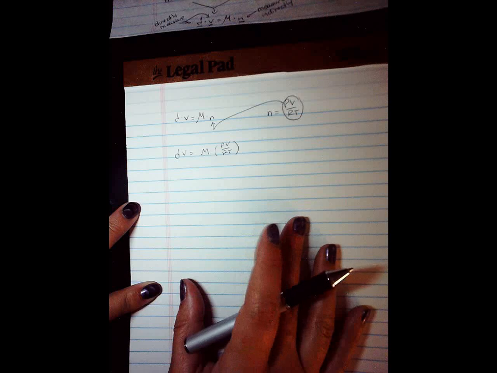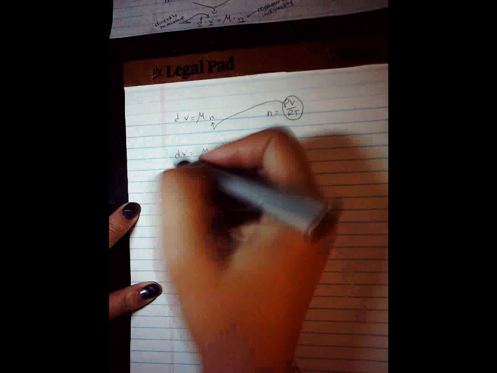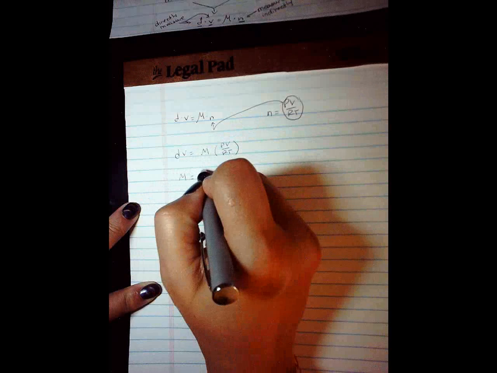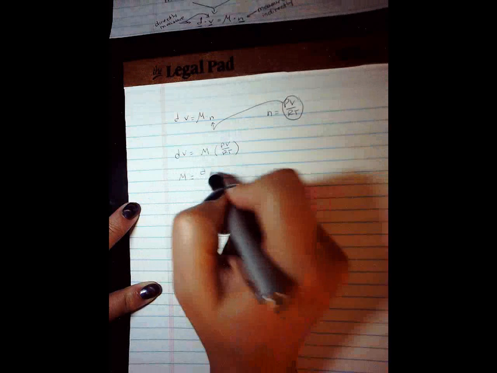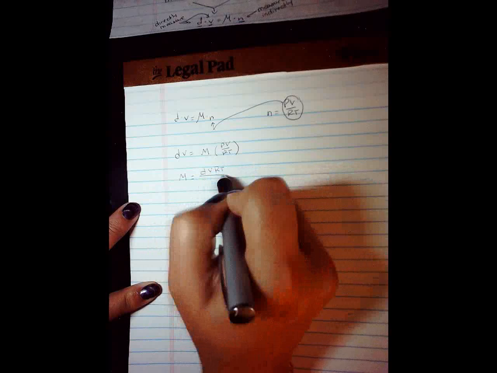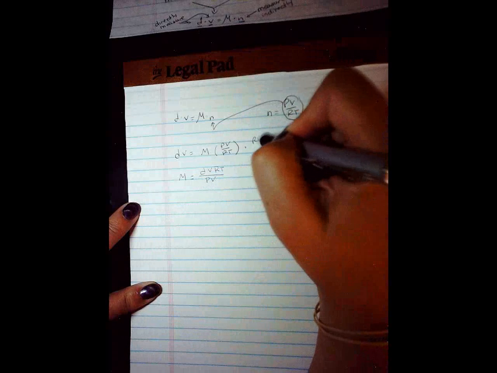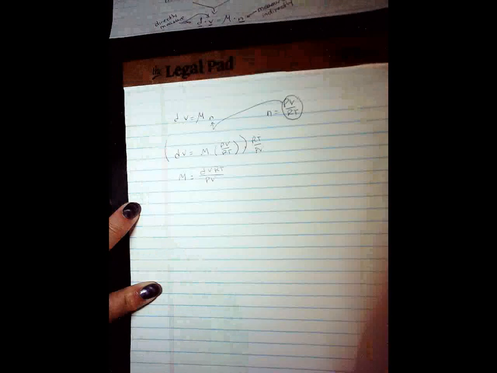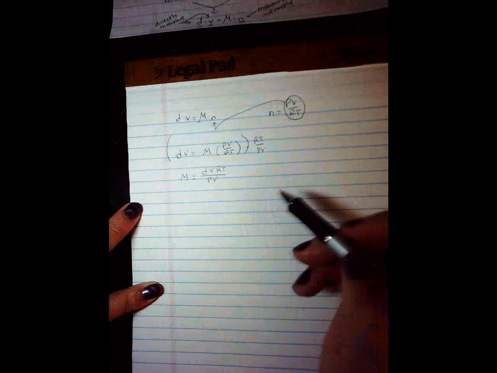What's capital M? Capital M is dV RT over PV. So all that Adit did is multiply both sides by RT over PV, right? Okay. All right, take a look at what happens here.